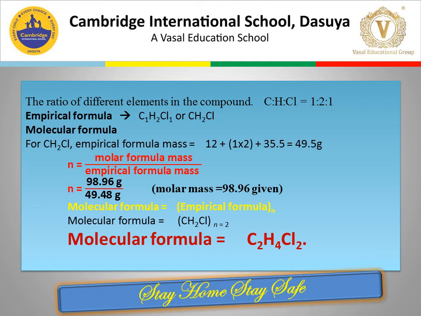So the empirical formula is CH2Cl, and all these terms will be multiplied by n. Hence, the molecular formula becomes C2H4Cl2: 2 carbon, 4 hydrogen, and 2 chlorine. That is the molecular formula of the given compound.